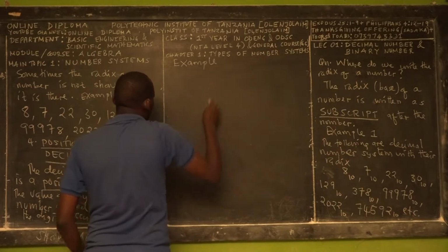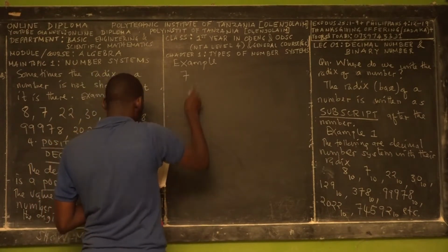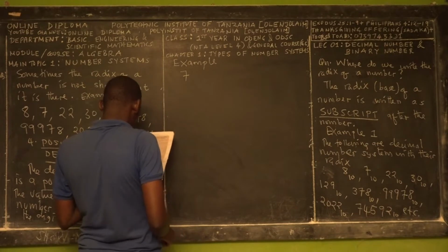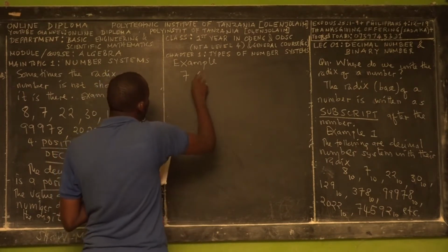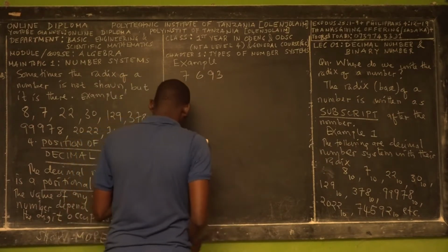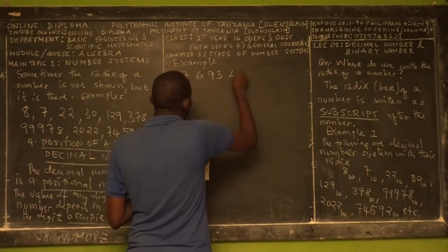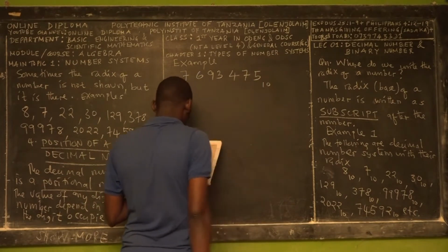You can have a decimal number of this value: 7,693,475. Let's say this is base 10.